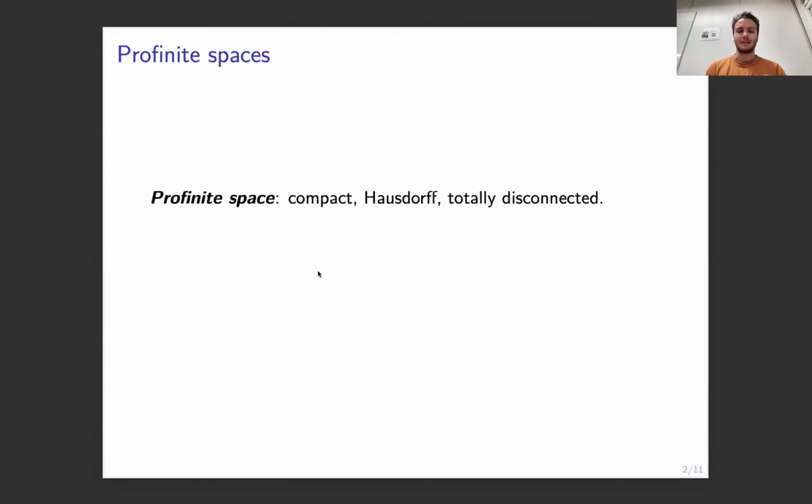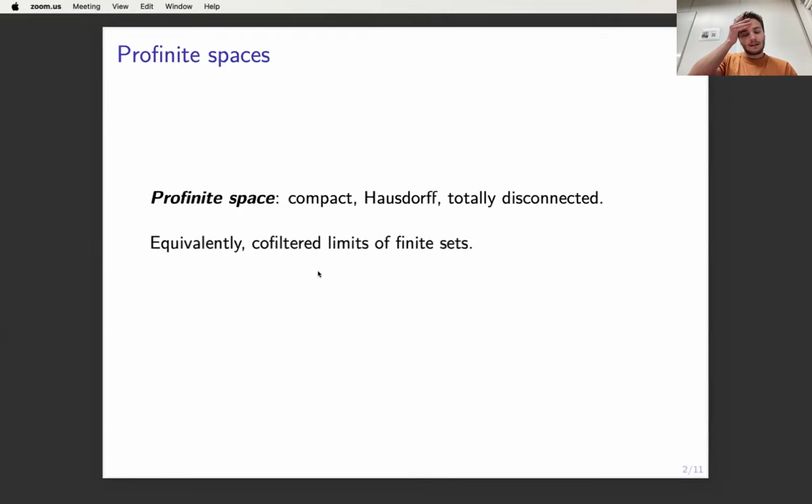Totally disconnected means that the connected components are singletons, but in this context, it's equivalent to any two distinct points being separable by clopen sets, which is a much more understandable condition than totally disconnected. A convenient way to think of them is also as co-filtered limits of finite sets, and these descriptions are in fact equivalent.